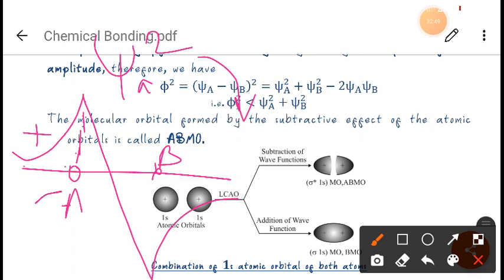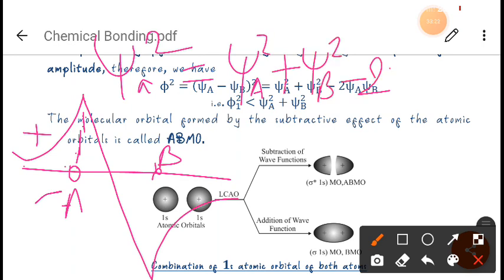As you can see, we can obtain it by squaring, just like this: psi a square plus psi b square minus 2 psi a psi b.